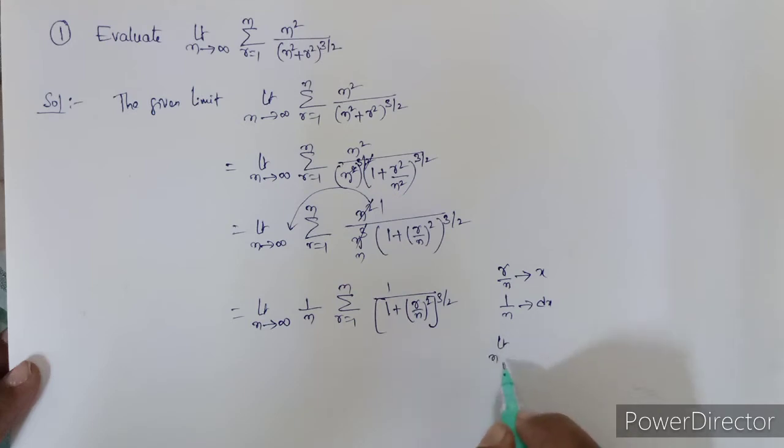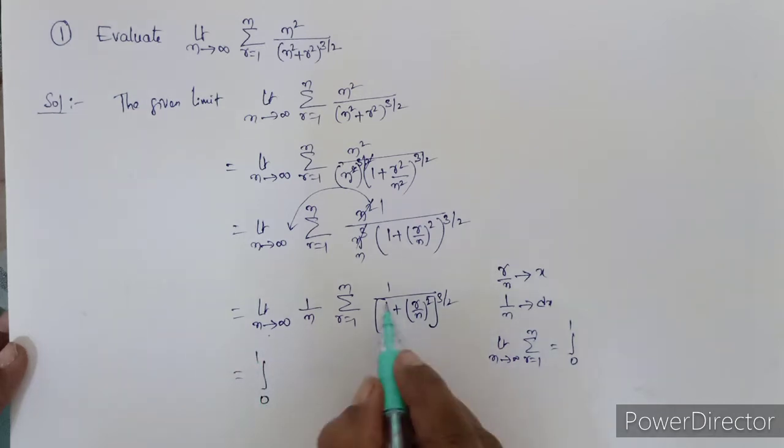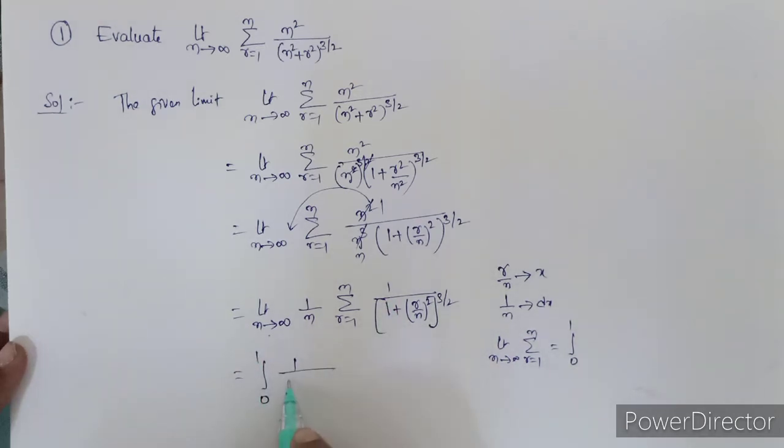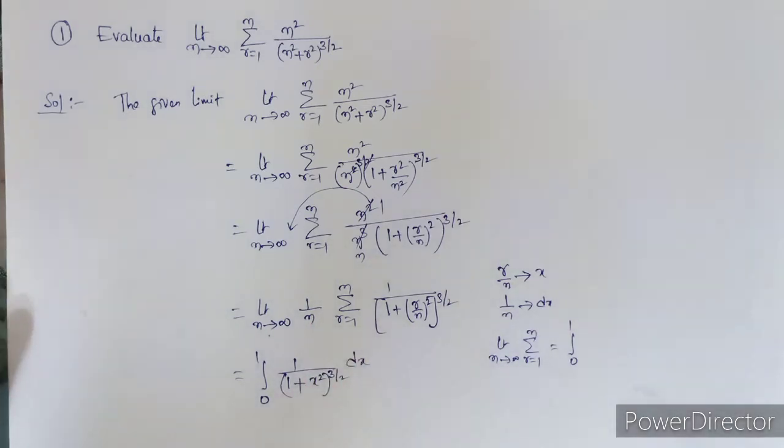Limit n tends to infinity, sigma r is equal to 1 to n is replaced by integral 0 to 1. We replace the limit of sum by integral 0 to 1. 1 by 1 plus r by n is x, so it is (x square) whole power 3 by 2. 1 by n we replace by dx.